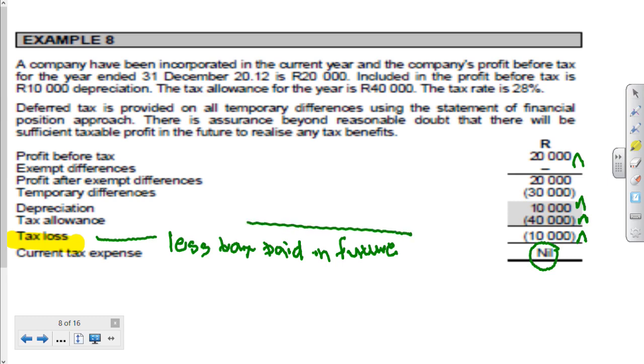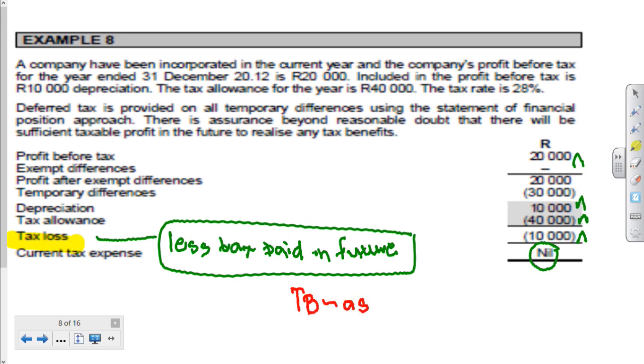If you look at this, less tax paid in future, this is the definition of the tax base of an asset. Do you agree? If you remember what the tax base was of an asset, the tax base of an asset is amounts deductible in future. This assessed loss is an amount deductible in future. So when I do a deferred tax calc for this assessed loss, it looks a little bit like this.